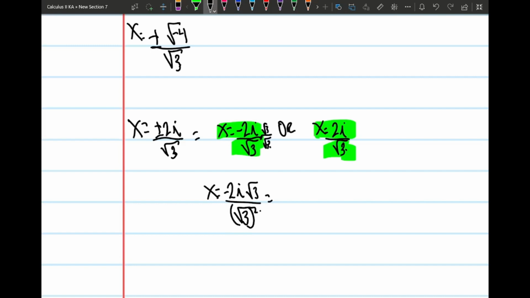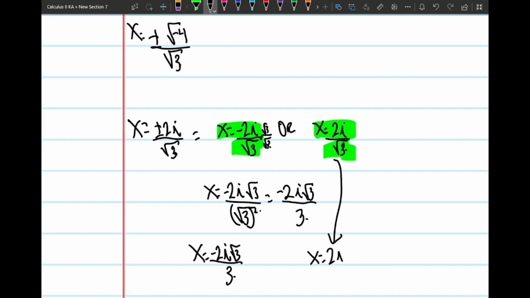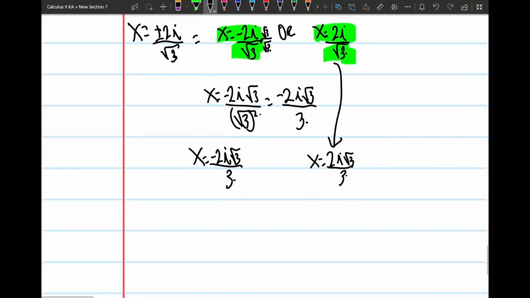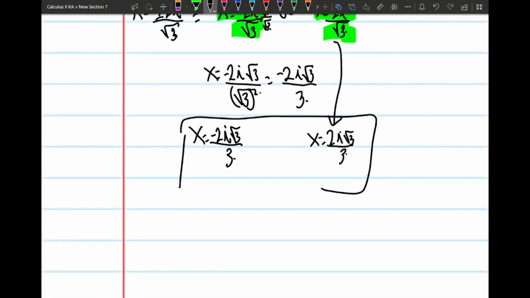This gives me negative 2i square root 3 over 3. So that's one of our answers. And since the other answer is just the positive of that, this one would end up being x equals 2i square root 3 over 3, because they're the same thing, but it's just positive and negative, okay? So these are my two solutions for this one.